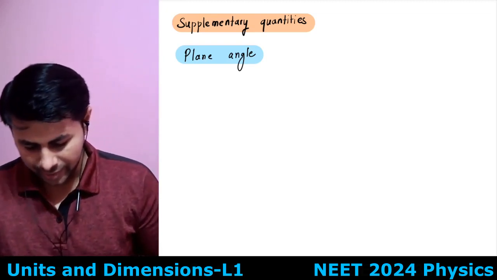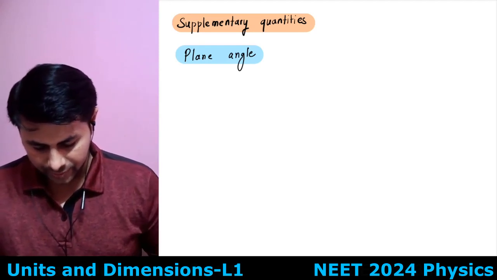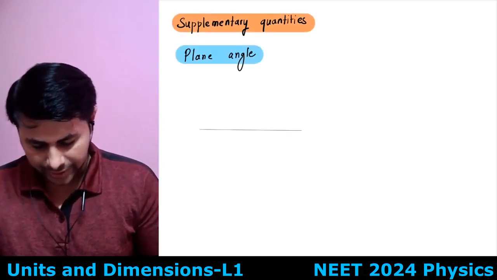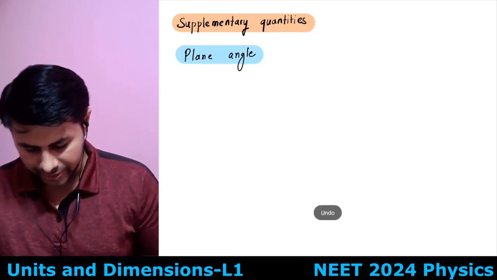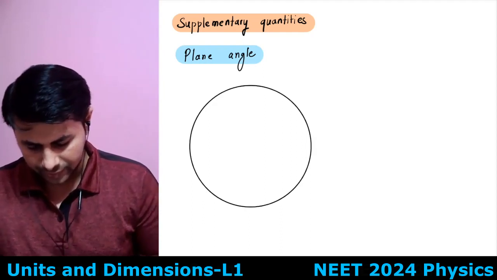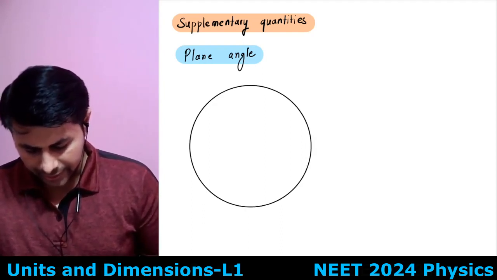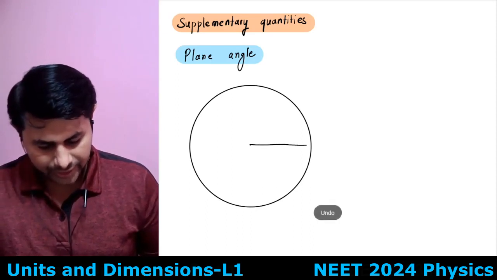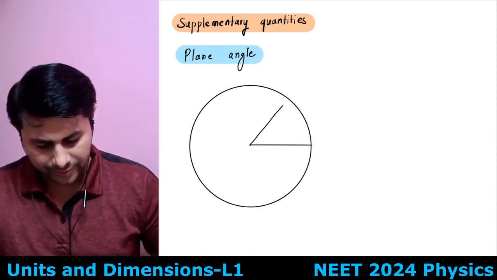So what is the plane angle? Let's say we draw a circle, and then we consider some arc over that circle.